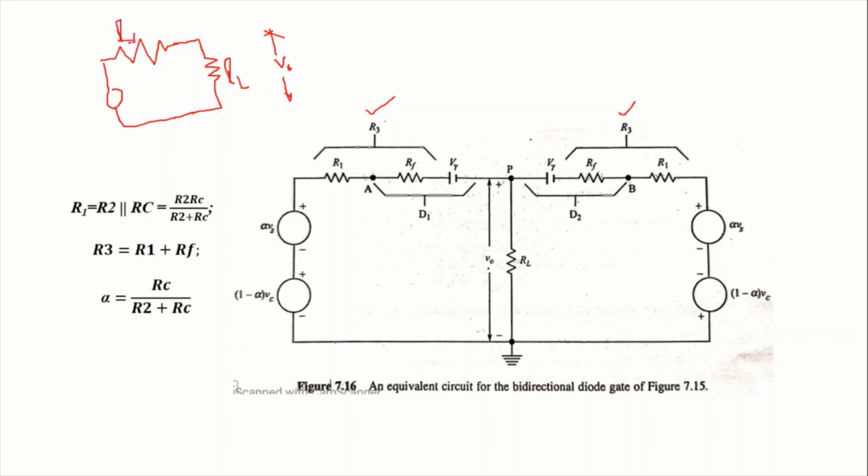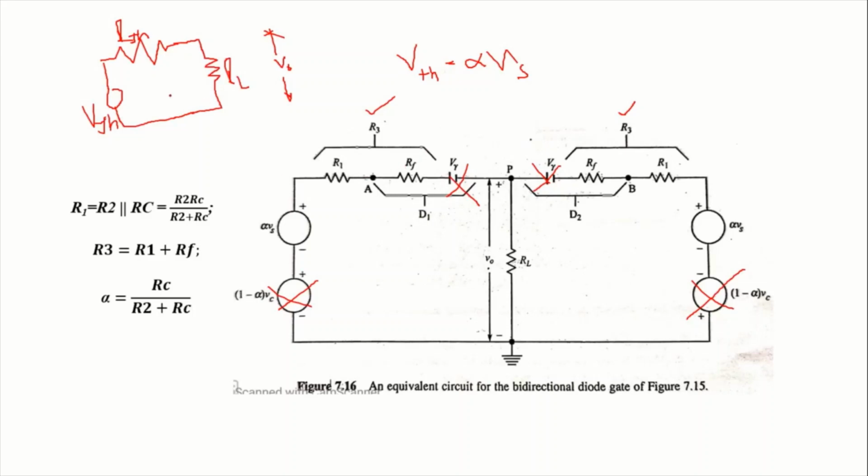Now the Thevenin's equivalent voltage VTH can be directly identified as VTH equals alpha Vs. Since this control signal has no effect on the circuit, as these two are in parallel and complementary, at any instant of time the voltage across this load resistance is alpha into Vs. So VTH equals alpha into Vs.